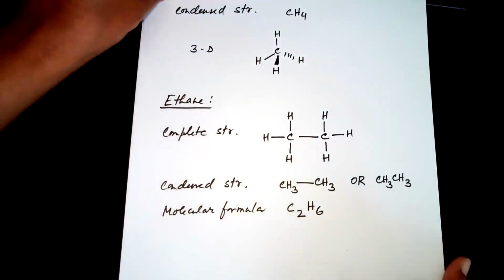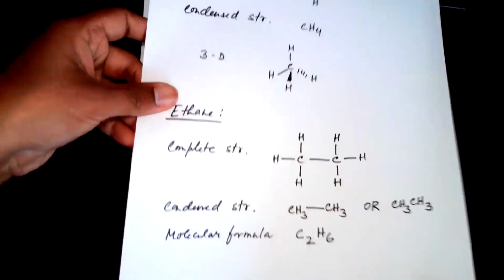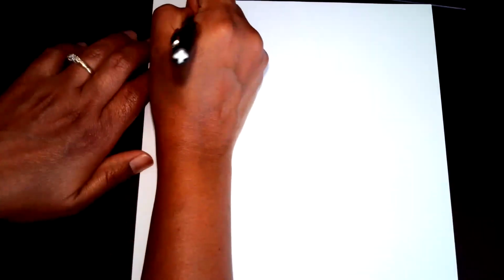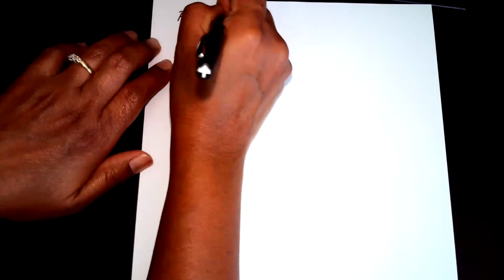Let's look at propane. And again, every time you see one step ahead, the previous step makes more sense. So I'm going to draw propane. Now we know propane would be 3 carbons long.